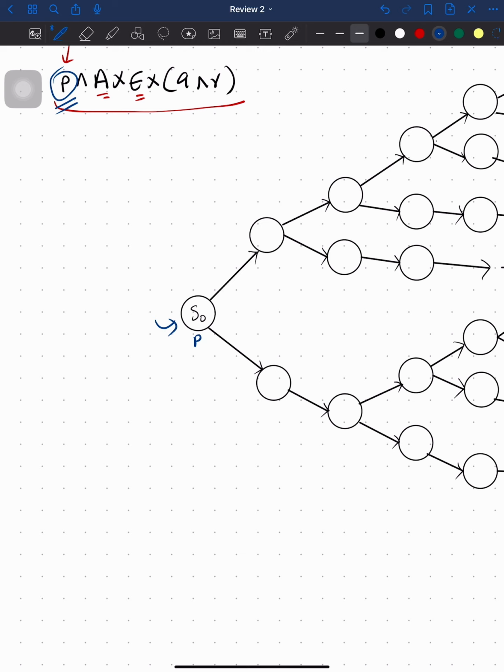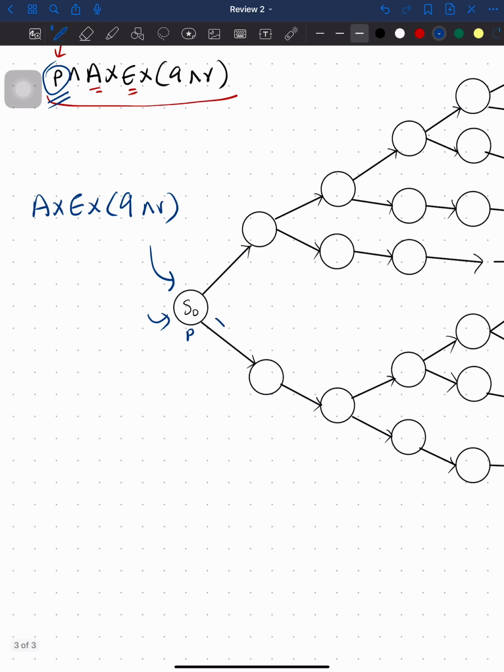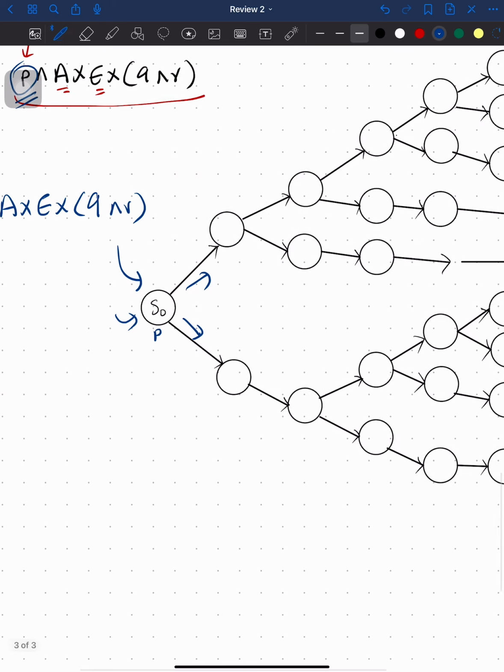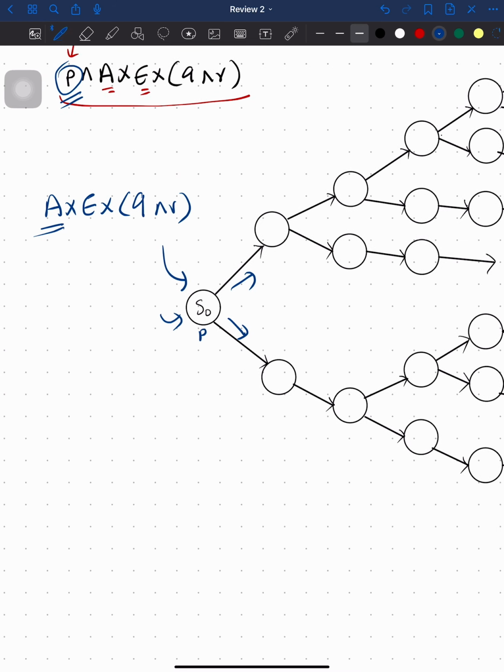Okay, what else is true here? The remaining part. So all next, exists next Q and R. What does this mean? It means that from here on, I can look one of these two ways. It means all next. So this is the next one here, this is the next one here. All of them. If I had a third one here, I would count it because it's all of them.